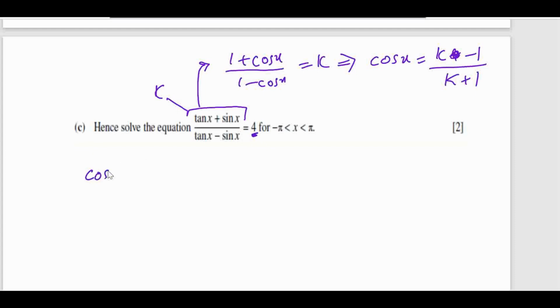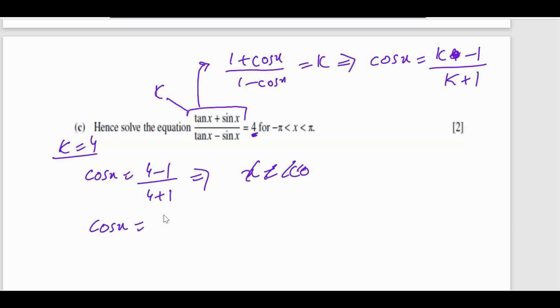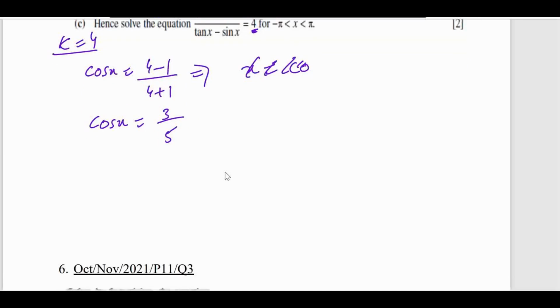So cos of x is equal to 4 minus 1 divided by 4 plus 1, and then x will be equal to, before that let's try this one so that we can find out the reference angle. Cos of x is equal to 3 by 5. Now let's find the reference angle.